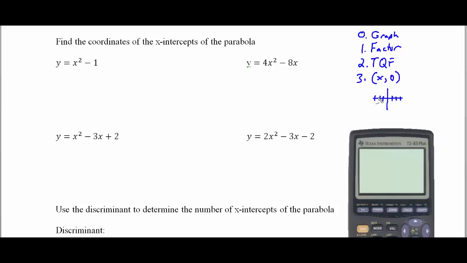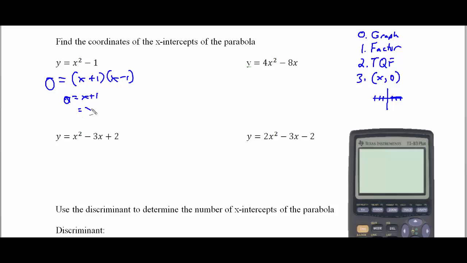So let's just do quick factoring here to show you what I mean, because this problem right here is going to be factorable to x plus 1, x minus 1. That's a difference of squares. And if I set these equal to 0, because I want to know when y is 0 or when it hits that x-axis there, I could have 0 is equal to x plus 1.